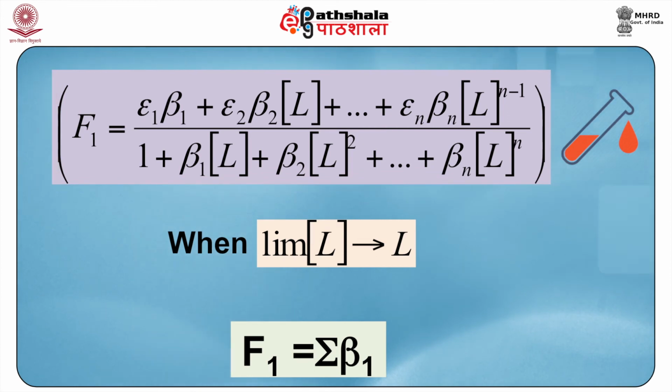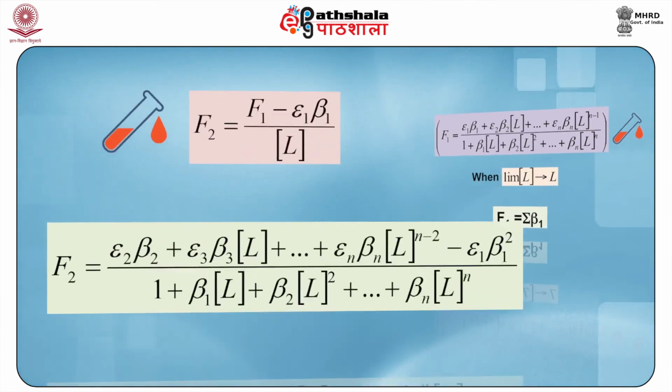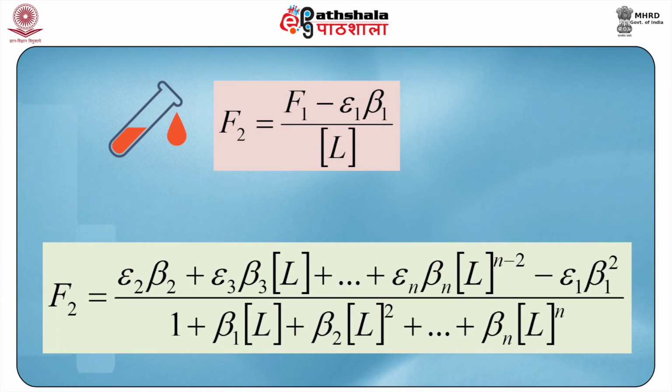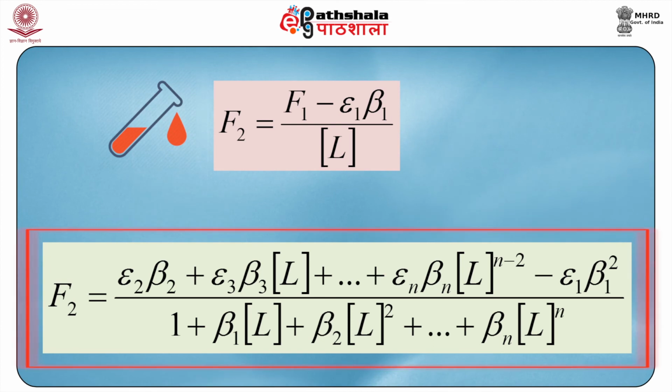Now, applying the limit of ligand concentration approaching 0, f1 is equal to summation beta 1. Here we introduce another function f2, which is given as f1 minus epsilon 1 beta 1 divided by the ligand concentration. On substituting the different values of f1, beta 1 and ligand concentration, we arrive at this equation.